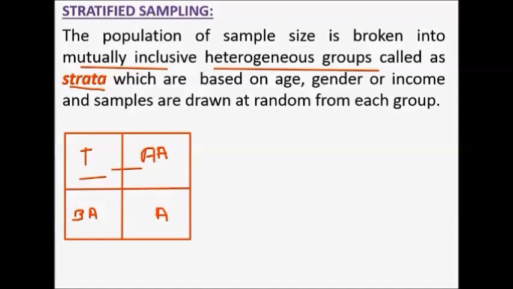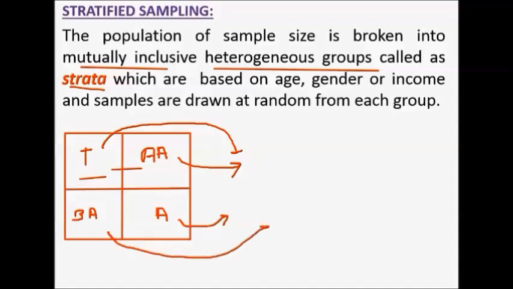So if your problem is related to demographics, then you can divide it on the basis of age, gender or income. And samples are drawn at random from each group. So I will pick one sampling unit from the topper group, then one from the above average group, one from the average group, and one from the below average group.